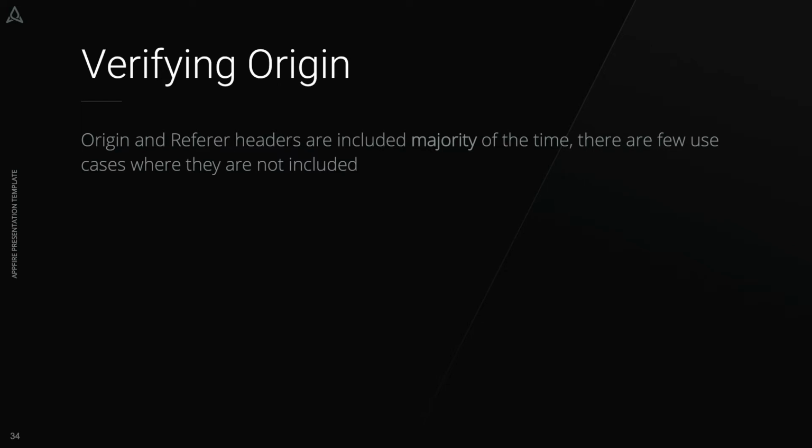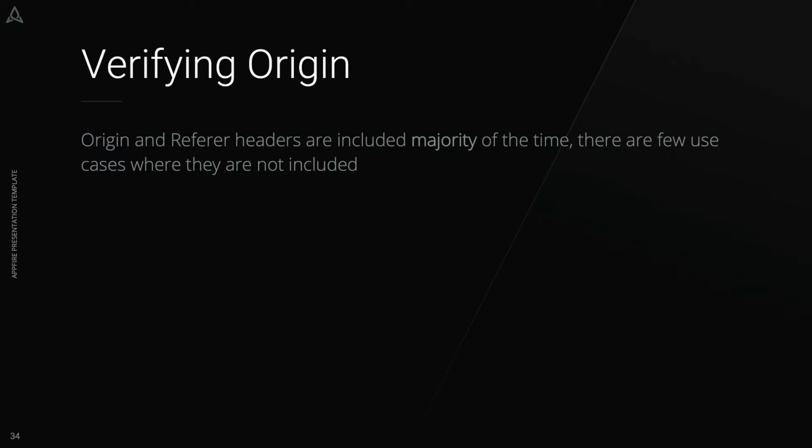Another one is verifying origin. Browsers automatically pass the Origin and Referer headers with the request, and the browsers put the domain or the path from which the request was called.